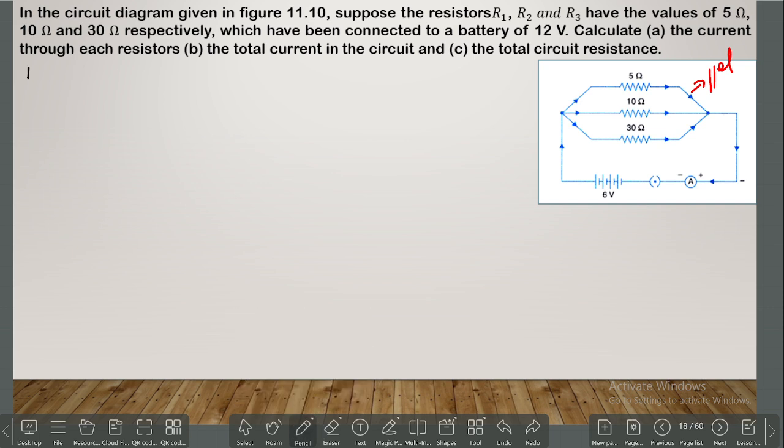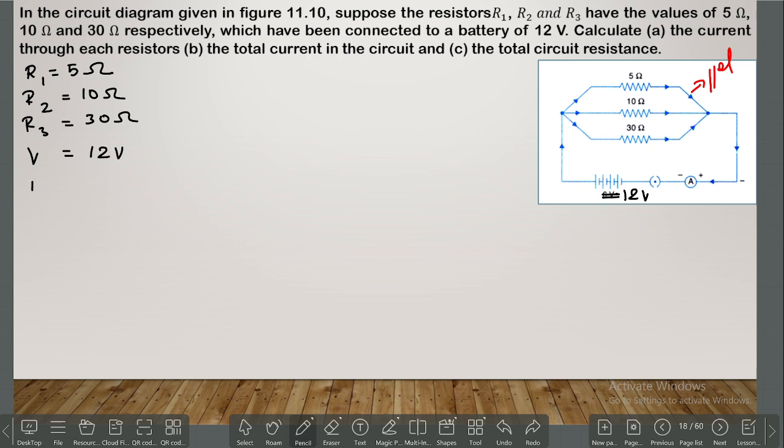So R1 is equal to 5 ohm, R2 is equal to 10 ohm and R3 is equal to 30 ohm, which have been connected to a battery of V is equal to 12 volt.